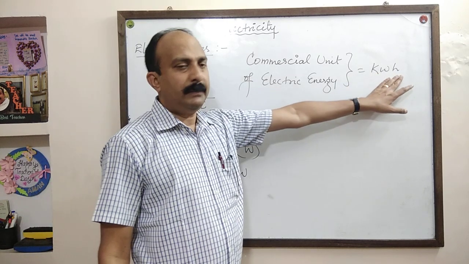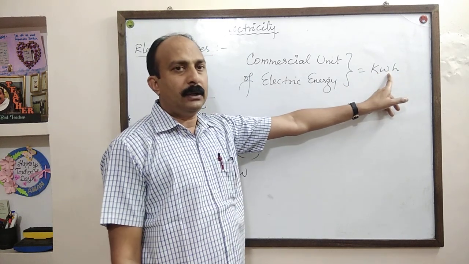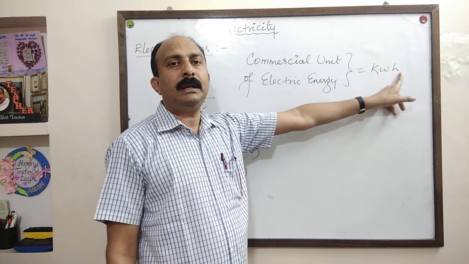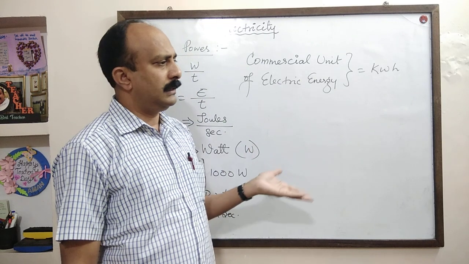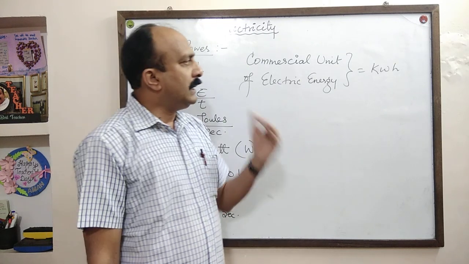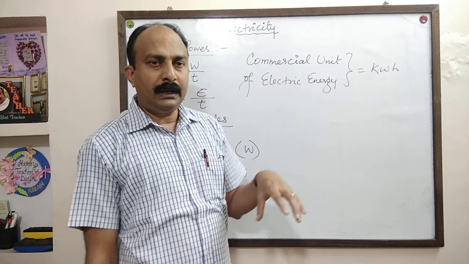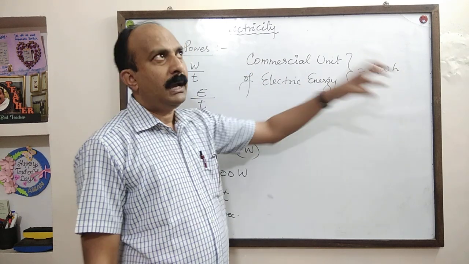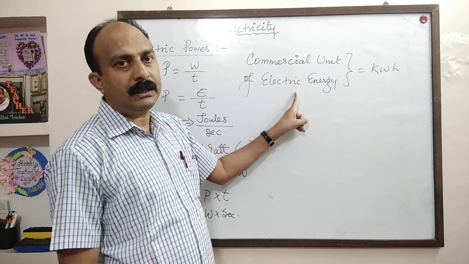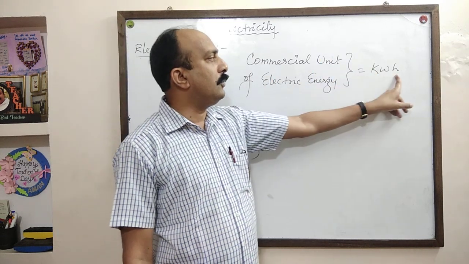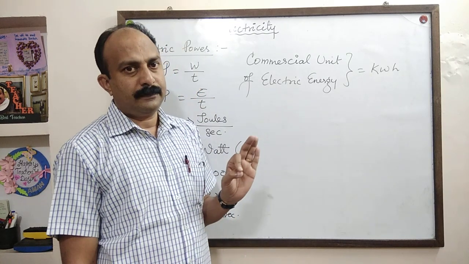So you can see from here, kilowatt hour means power is to be taken in kilowatt and time is to be taken in hours. We know that in our homes or in all the places, electrical appliances are working for many hours. So we are taking time in hours and power in kilowatt. So commercial unit of electrical energy consumption is kilowatt hour, or it is simply known as units.